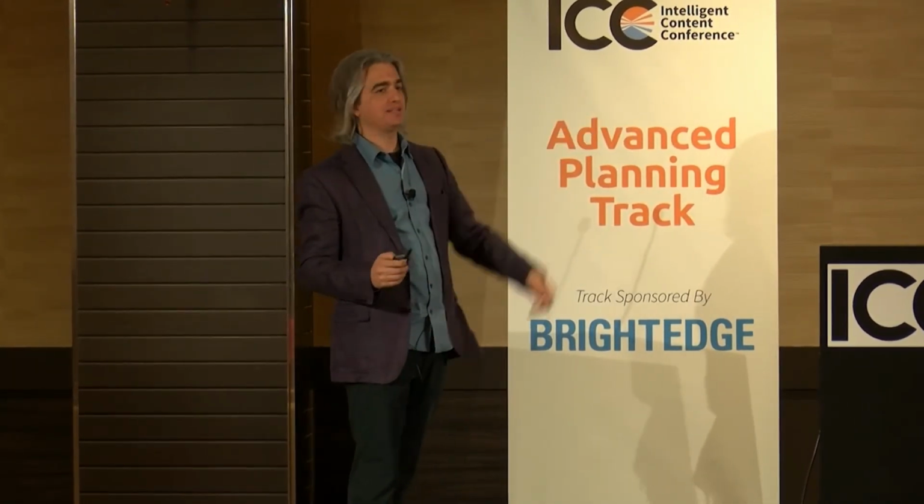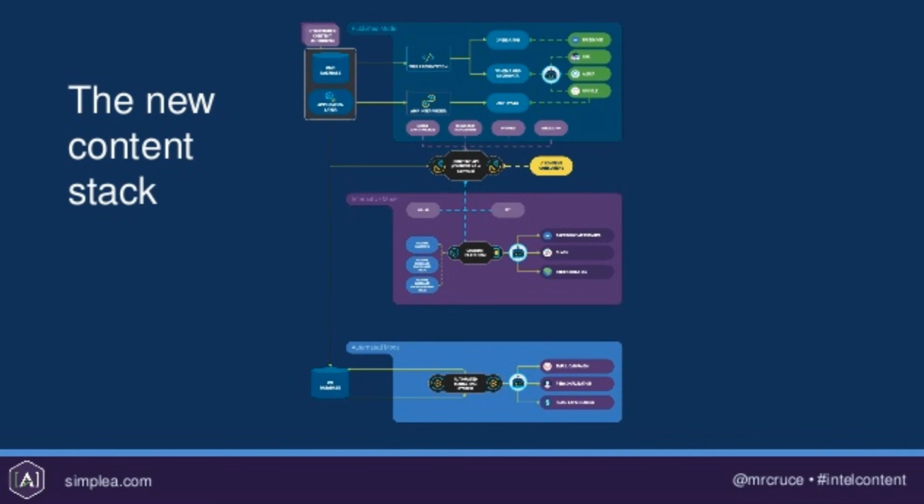So this is the new content stack that we're dealing with. We've got three modes of content: published, interactive, and automated. And we need to get content to operate in all of those modes of communication with our customers.